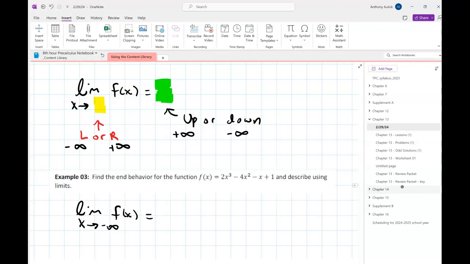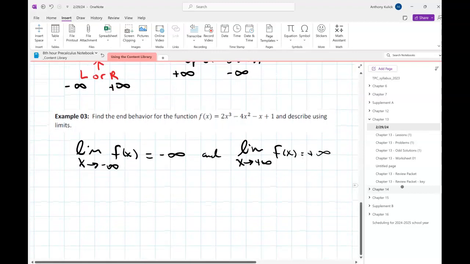And then this one is pointing down, so should the y be equal to positive infinity or negative infinity? Negative infinity. And the other limit was for the right arrow, so we'll use positive infinity for x approaching. And since the arrow is pointing up, this should equal positive infinity. Everybody's cool here?